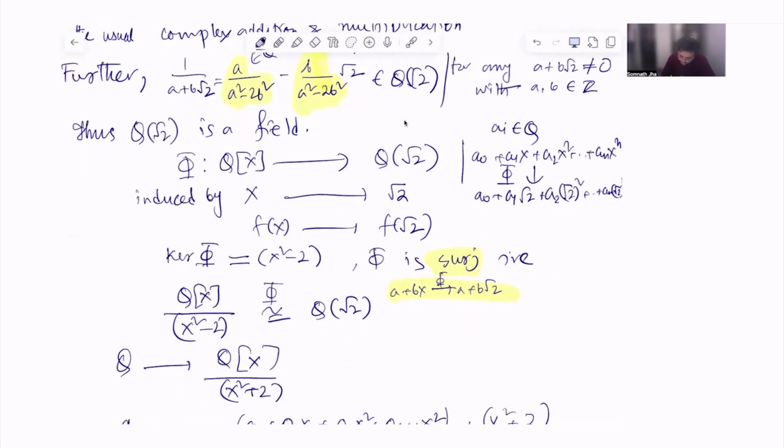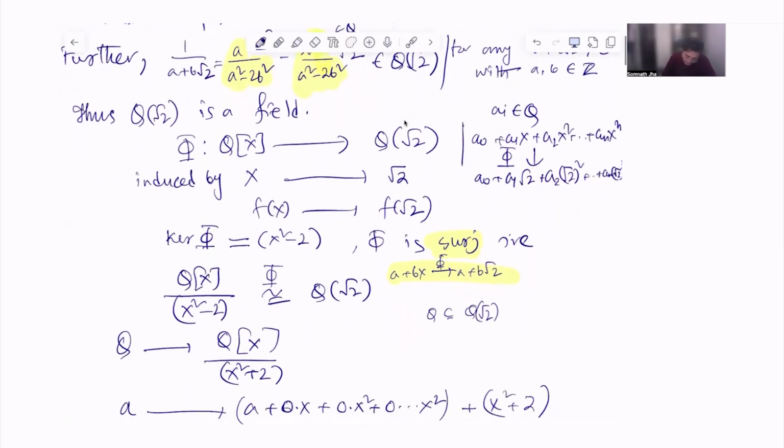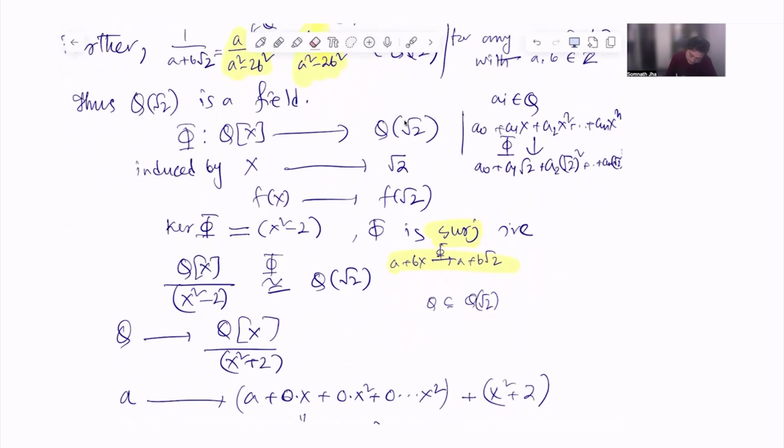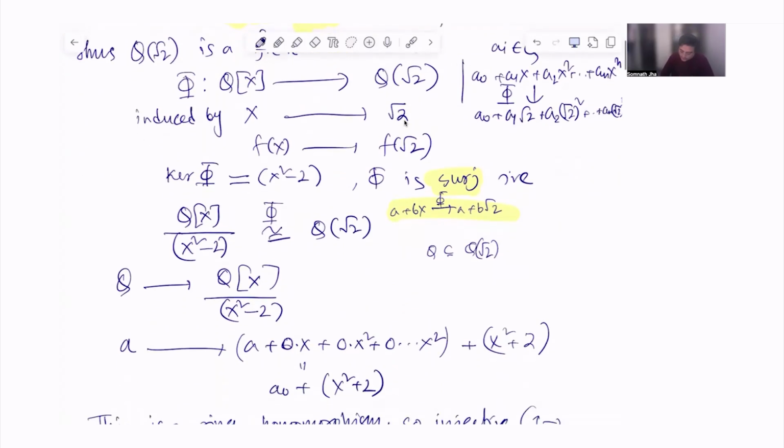Further, we know Q(root 2) contains Q, right? So Q is contained inside Q(root 2). It's a subfield of this. Even if you look at Q[x] by x squared minus 2, you have a map from Q to Q[x] by x squared minus 2. So what is the map? The map is you send any element a to the constant polynomial, so to the quotient: a goes to a plus I, where I is x squared minus 2.